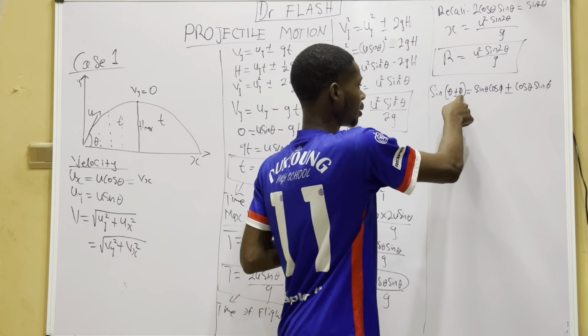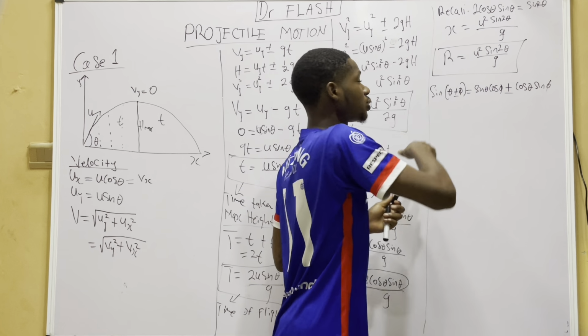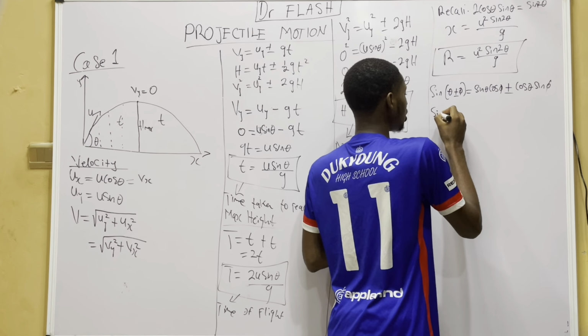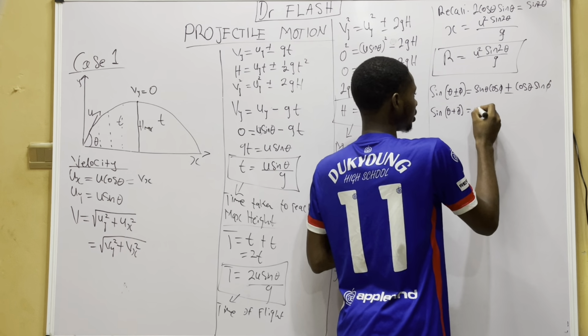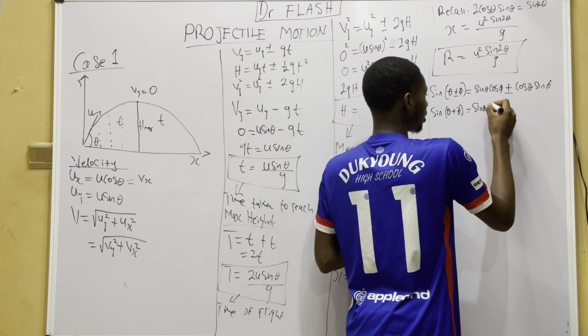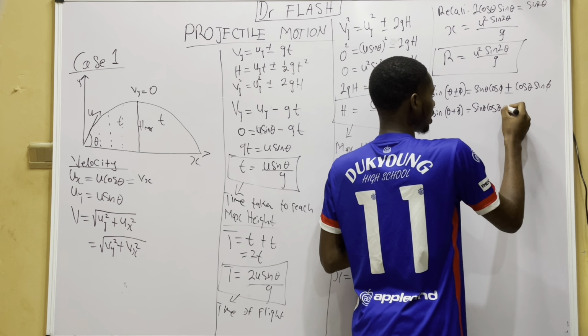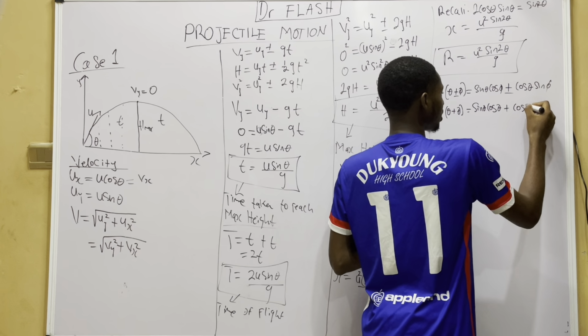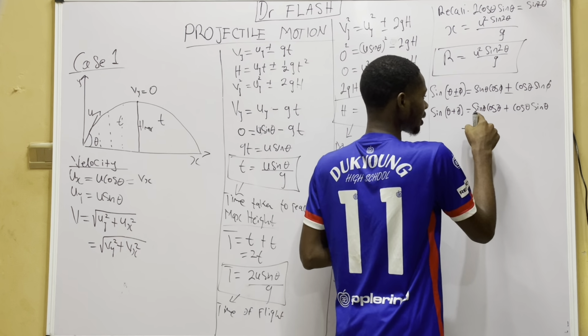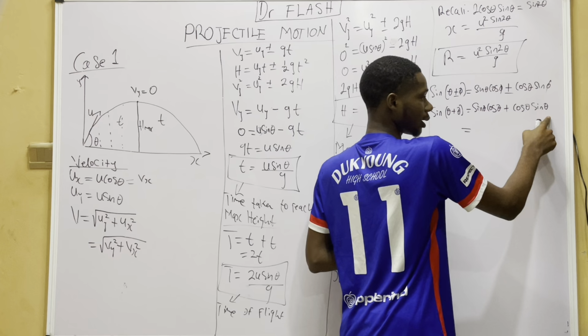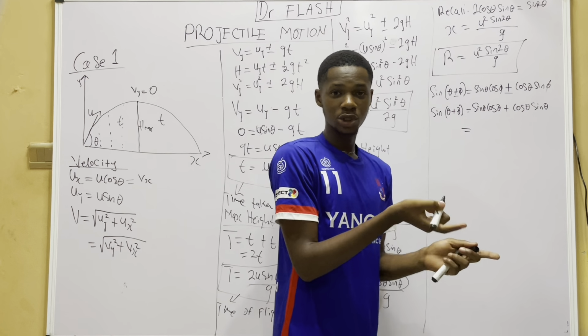Now, what if theta now equals phi? So we'll be having two thetas. That will be equal to sin of theta plus theta, equals sin theta cos theta plus cos theta sin theta. I can put any one first because multiplication is commutative.